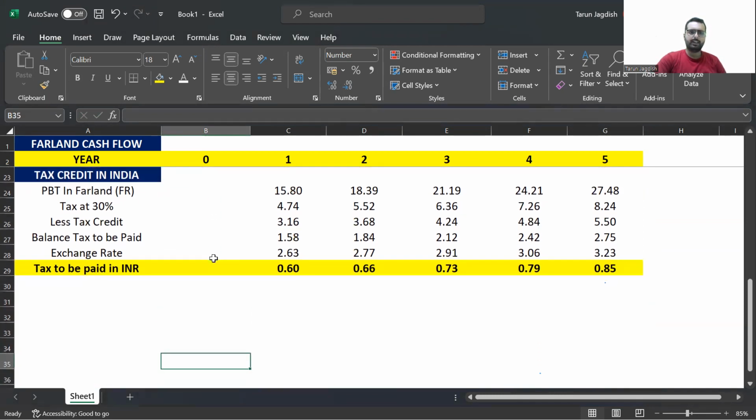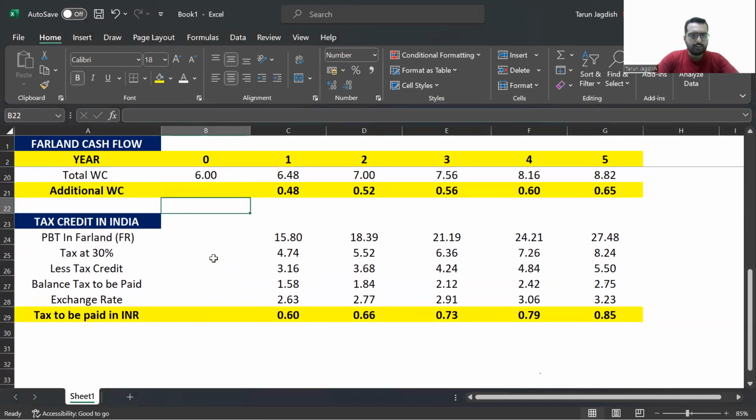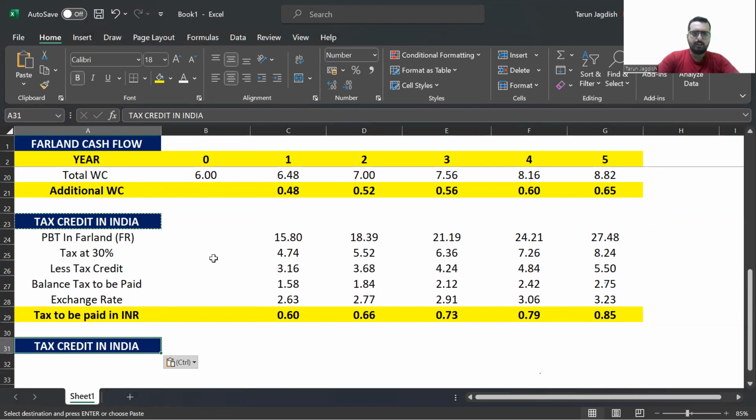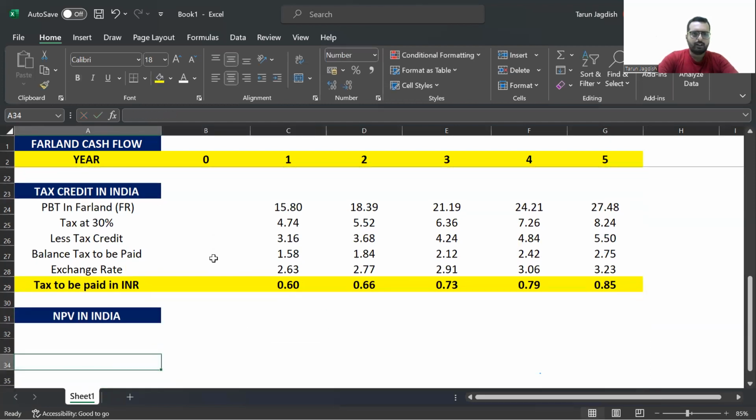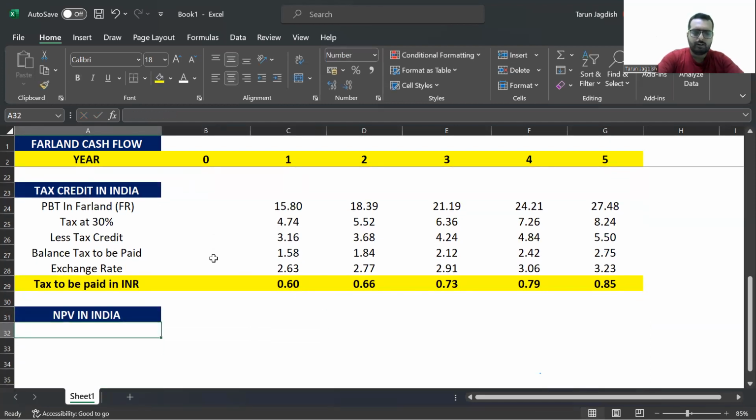Now, finally, can I go to the final working note now, friends? From this, I'll write down over here NPV in India, because finally we are doing all this because we need money in India. Correct? So I'll write down free cash flow in Farland. First, FCF in Farland.